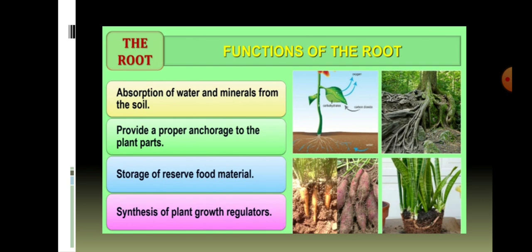The second function of root is to provide proper anchorage to the plant. Third, storage of reserve food material and synthesis of plant growth regulators. It is also responsible for plant hormone synthesis.